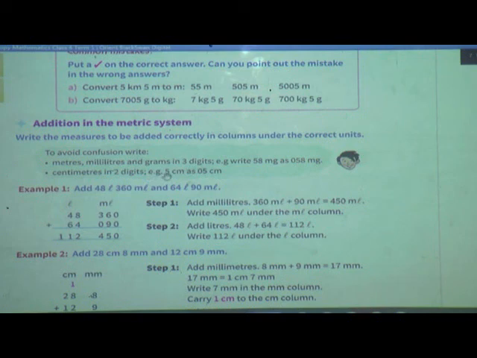For example, 5 centimeter is written as 05 centimeter. So you should not be confused while writing. If you are writing meter, millimeter and grams in 3 digits, you have to use 0 before the number, and for centimeter in 2 digits you have to add 0.